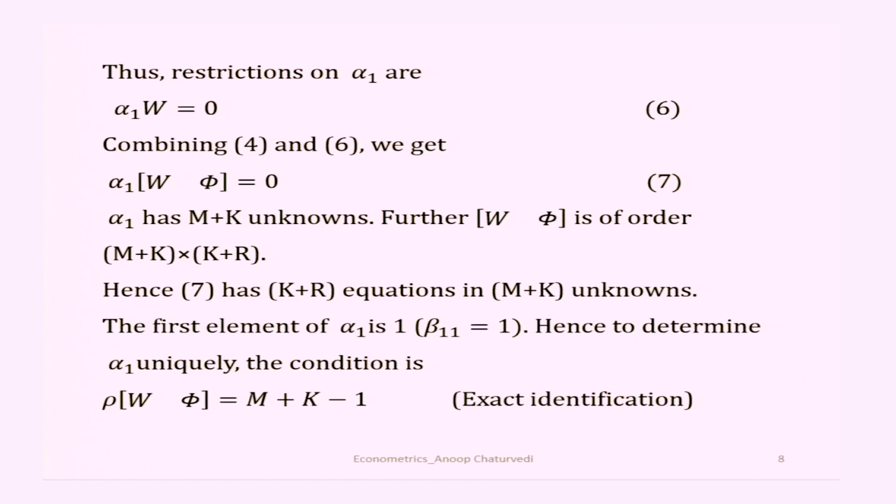So, you have the restrictions alpha_1 W equal to 0 arising from the relations between reduced form and structural parameters for the first equation, and then you have some exclusion restrictions, some restrictions on the elements of alpha_1 of this form alpha_1 phi equal to 0. Then we combine these two and we get the restriction alpha_1 W phi equal to 0.